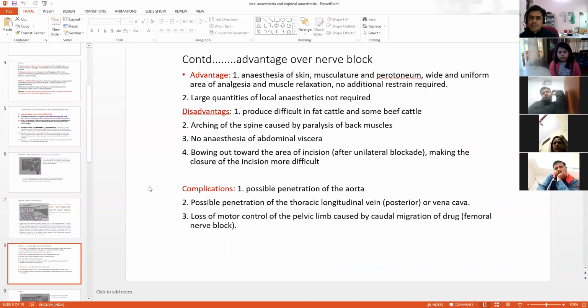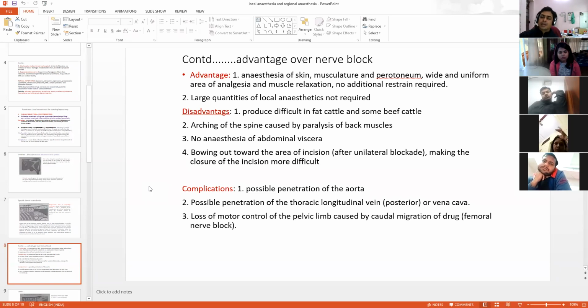So advantages: anesthesia of skin, musculature, and peritoneum. Wide and uniform area of analgesia and muscle relaxation. No additional restraint is required because you are going to block a specific nerve. That's why here you will get muscle relaxation. Otherwise, in case of local infiltration, you are not going to block any nerve, so you will not get muscle relaxation there.